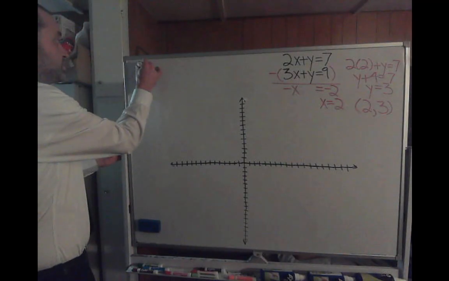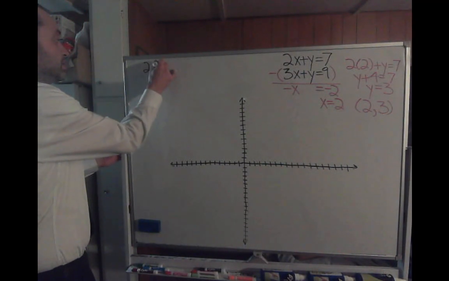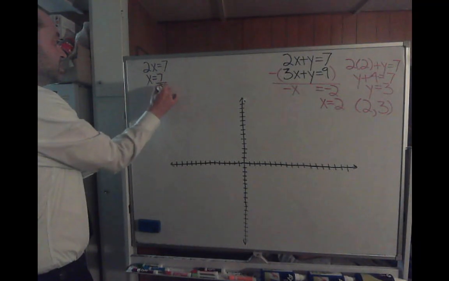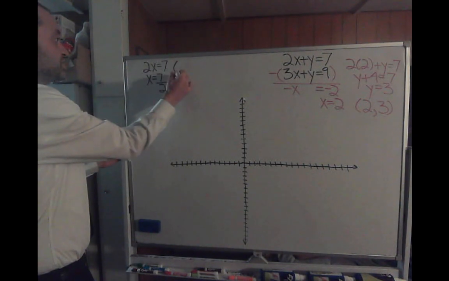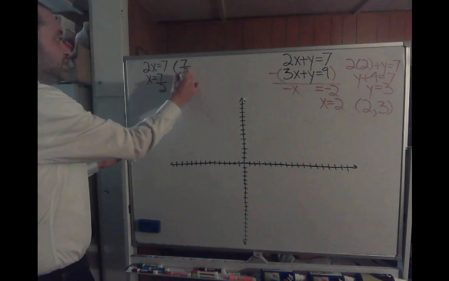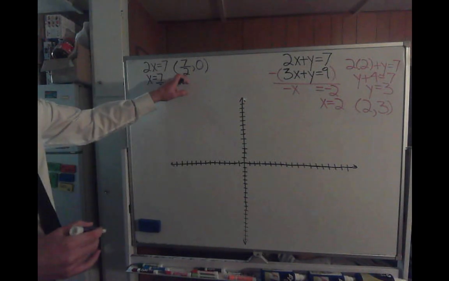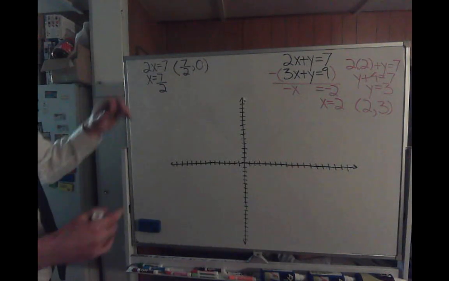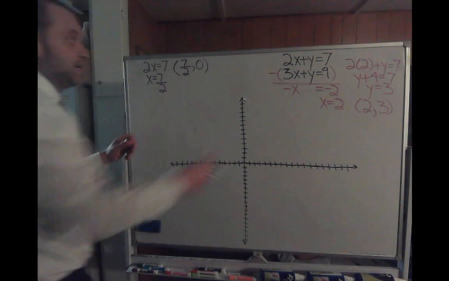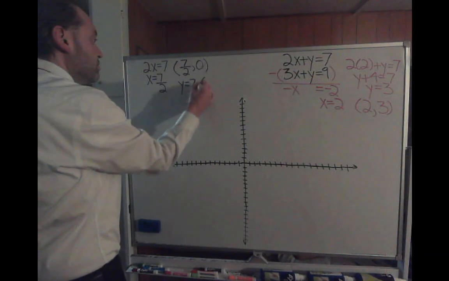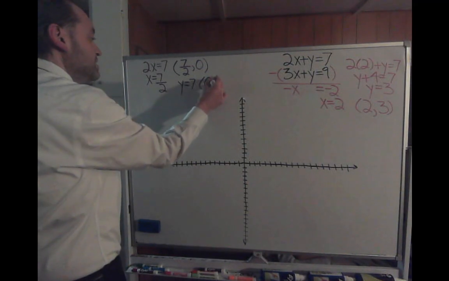So you would have 2x equals 7, which would give you x equals 7 halves. So the x-intercept would be at 7 halves, 0, which is also 3.5, 0. Now if I want to find the y-intercept, I'll set x equal to 0. I would just get y equals 7. So the y-intercept would be at 0, 7.